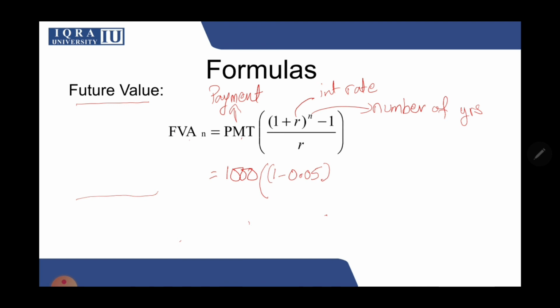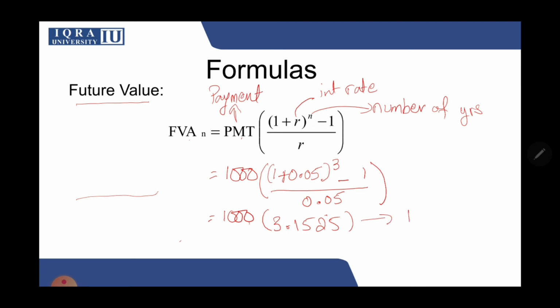So there were 3 annuity payments, so you will take 3 over here minus 1, and R you have 0.05 once again. So let's solve this. So first I'm going to solve this bracket. Okay, I've corrected this. Over here I had it in minus by mistake. This is plus. Now if you solve the bracket, you are getting 3.1525.